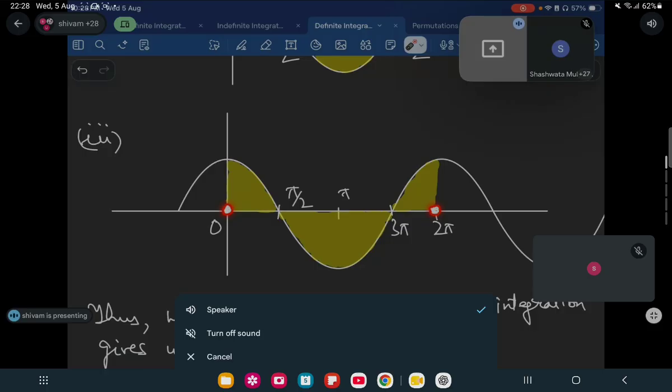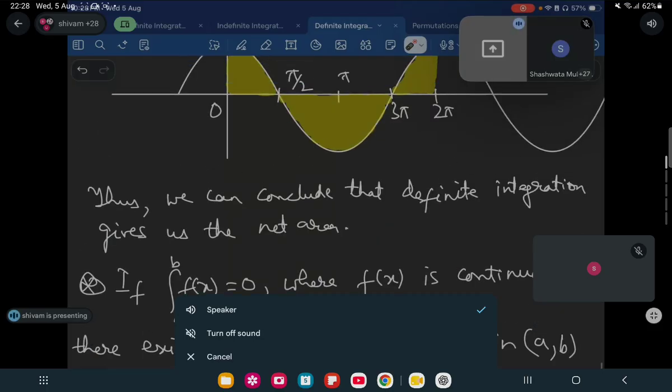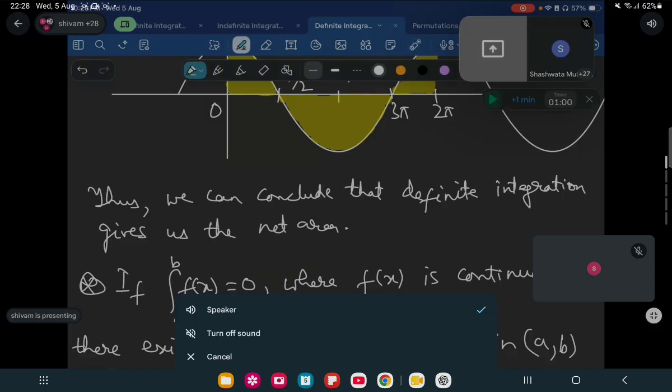Between 0 to 2 pi, the area is equal to 0. That means there should be some negative area below the x-axis to compensate the area above the x-axis. Are the people getting it? It's an important theorem.